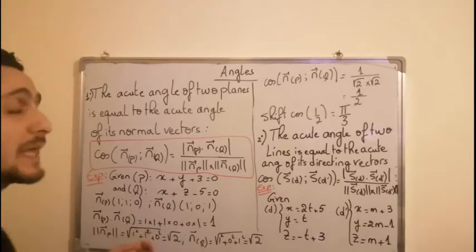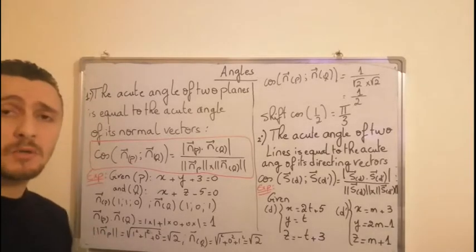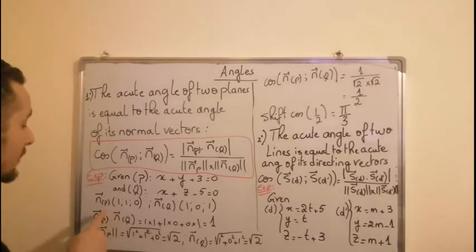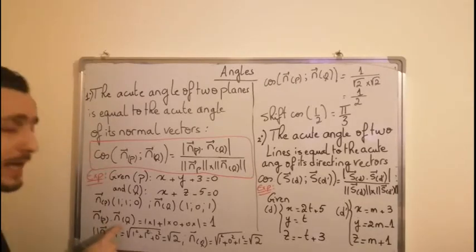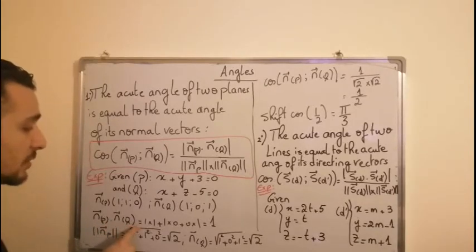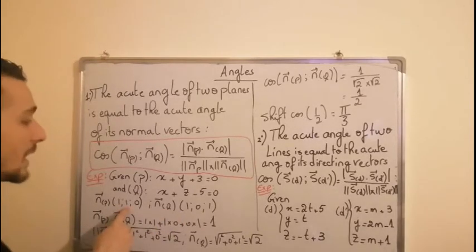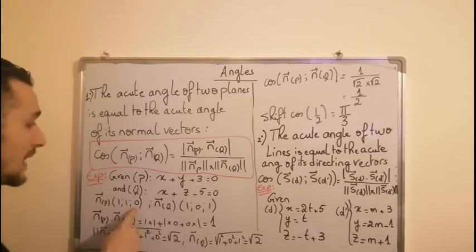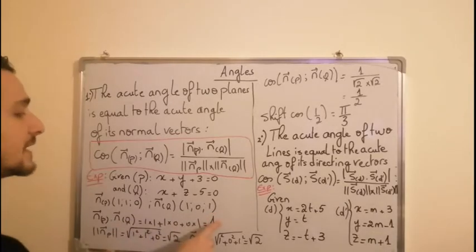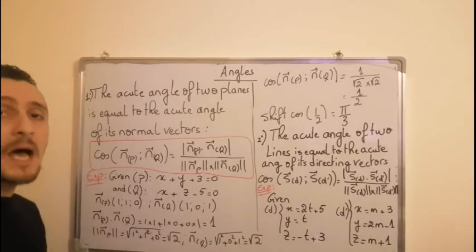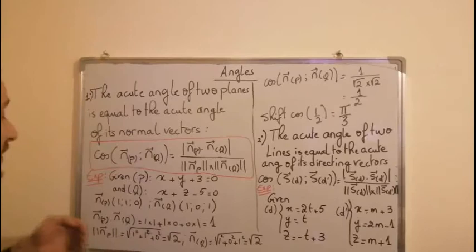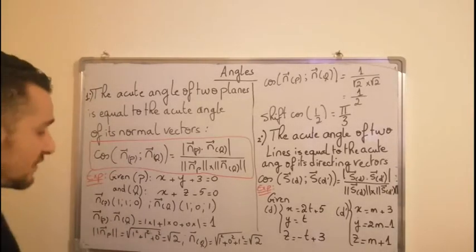We can calculate the scalar product between the normal vector of plane P and the normal vector of plane Q. So it's equal to 1 times 1 plus 1 times 0 plus 0 times 1. It's equal to 1. Now we find the length of each vector.